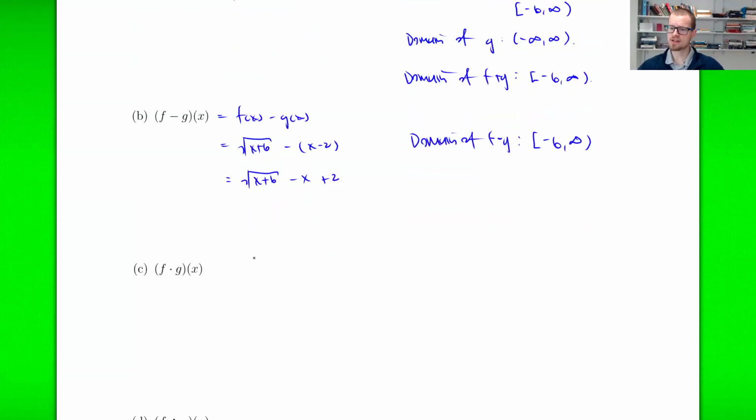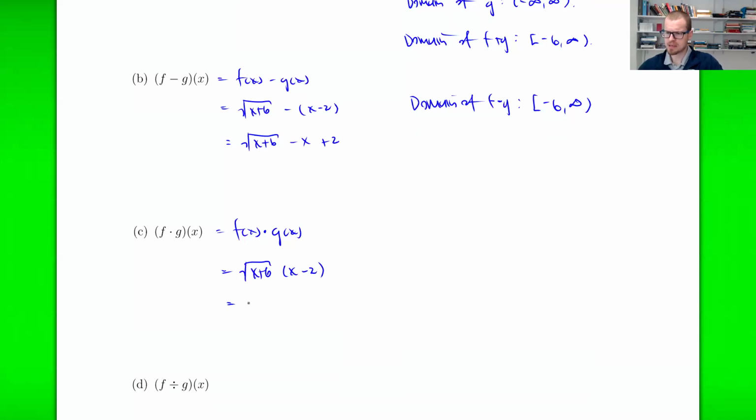F times g of x is f of x times g of x, which is the square root of x plus 6 multiplied by x minus 2. By convention, I would say that we write the polynomial in front of the radical here.